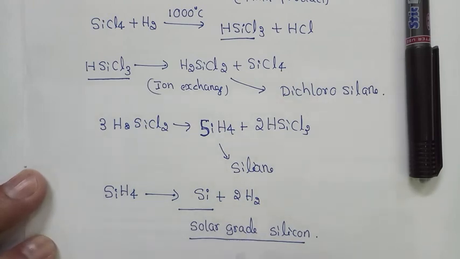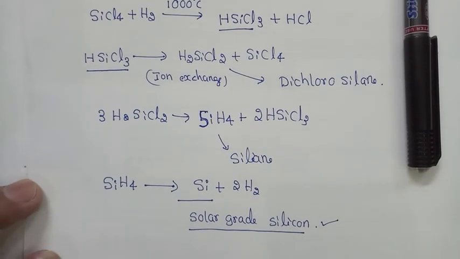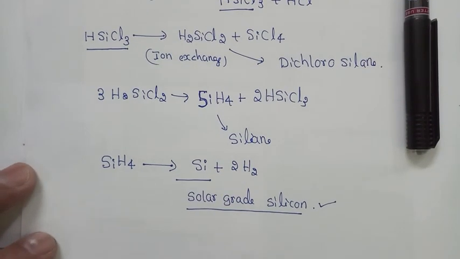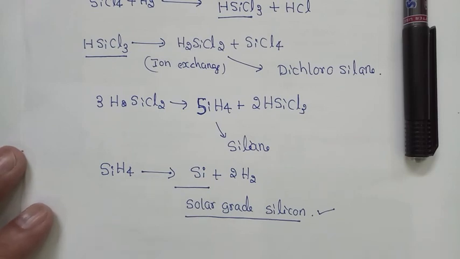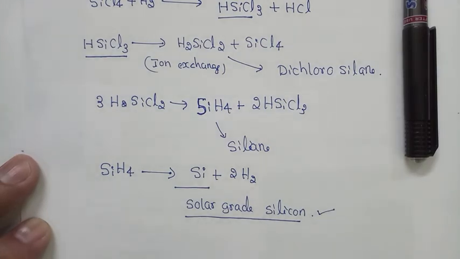The solar grade silicon obtained here is of better grade, called ultra pure silicon, and it can be used for the manufacture of photovoltaic cells. Dear friends, this is about the production of solar grade silicon, and this process is called the Union Carbide process.